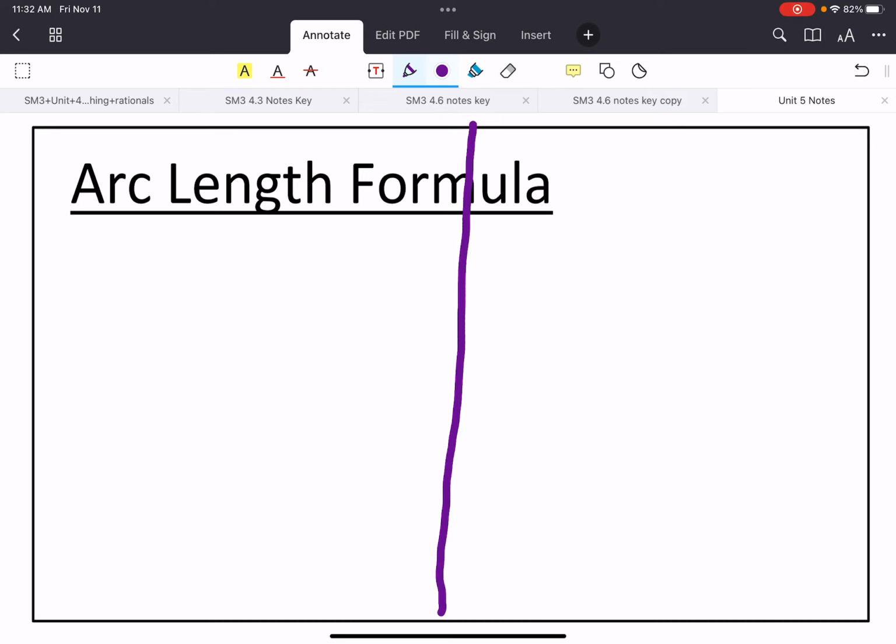Mallory, tell me one angle measurement unit. The unit of measure for angles, we learned about it on day 1. Degrees, perfect. So there's degrees. What is the other?